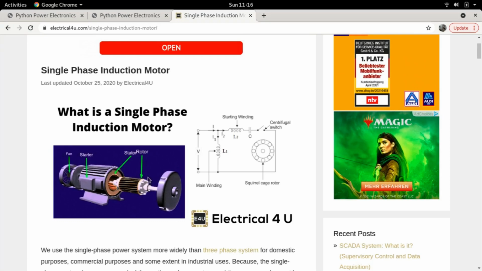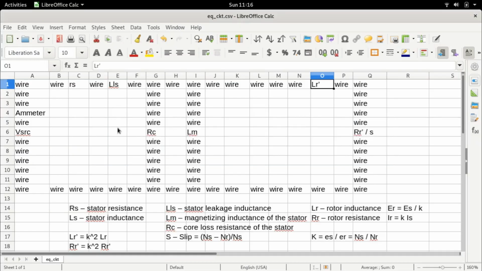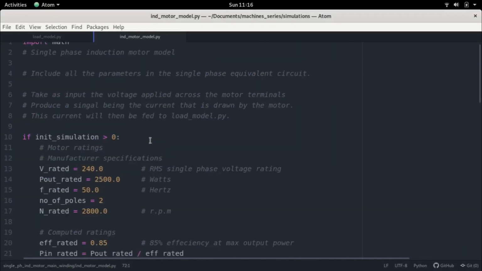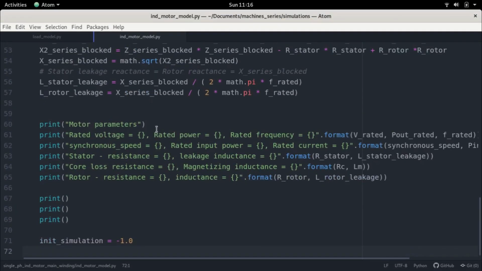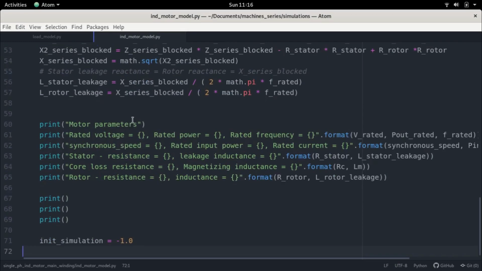So now that we have this basic picture, in the next lecture, I will start writing equations using this equivalent circuit and the parameters we have calculated. All we have to do now is start using these parameters to create our mathematical model.